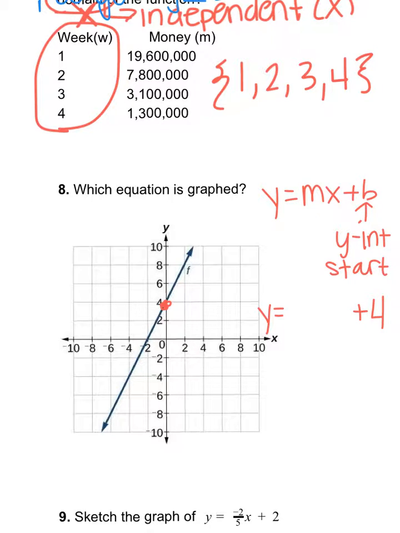So on this graph, our slope is going from 4 to 8, that's plus 4, and then over 2. So that's 4 over 2, which is 2. Slope is 2. Remember to put your x plus 4. That's our equation.